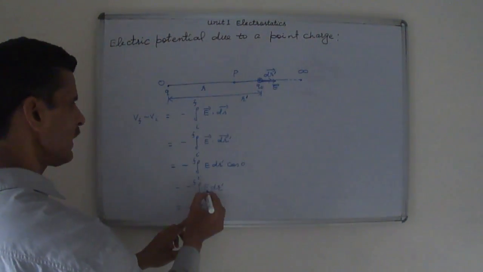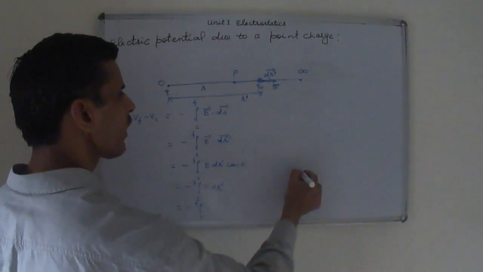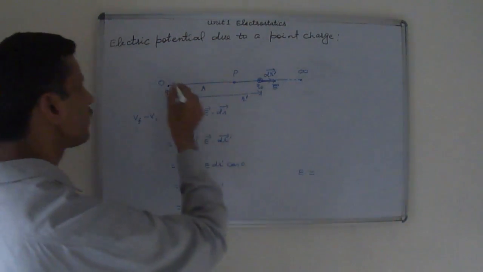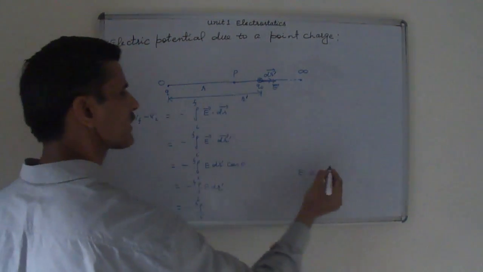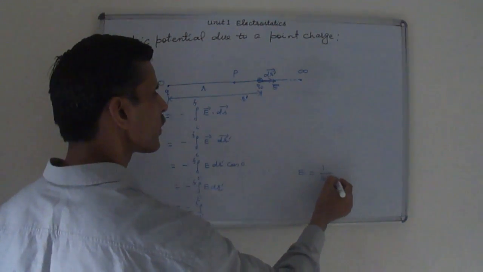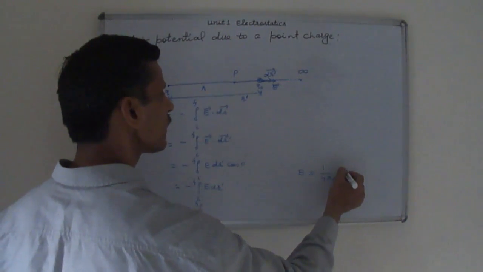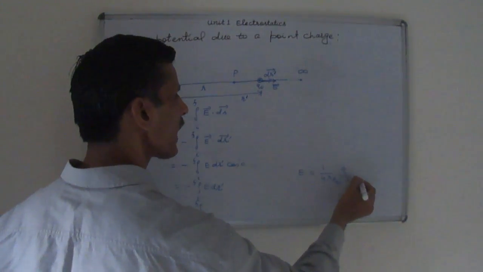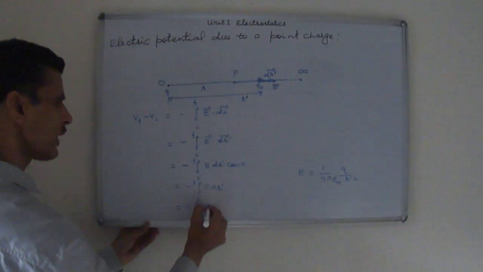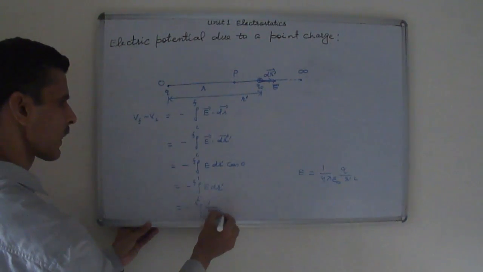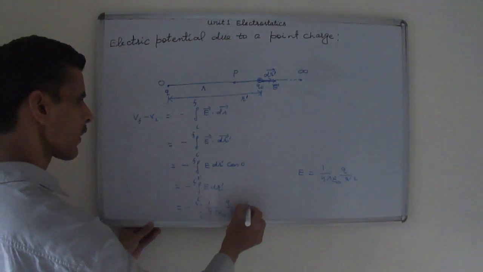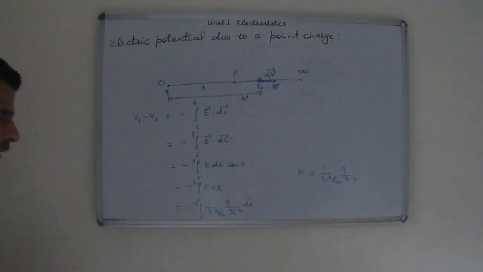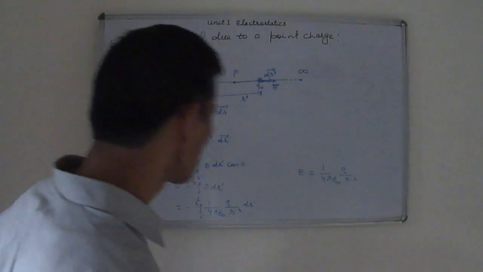Now, E, the magnitude of electric field due to a positive point charge at r prime distance, is equal to 1 upon 4 pi epsilon naught q upon r prime square. So you can put that here. Yes. So now let us solve it.